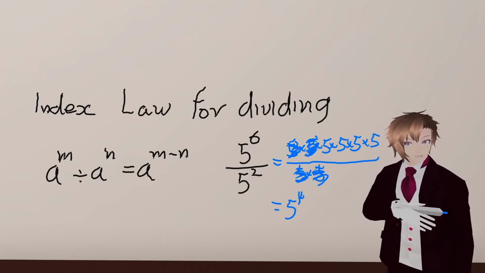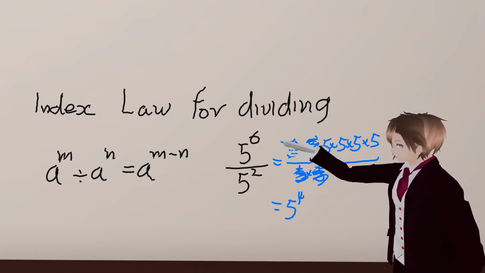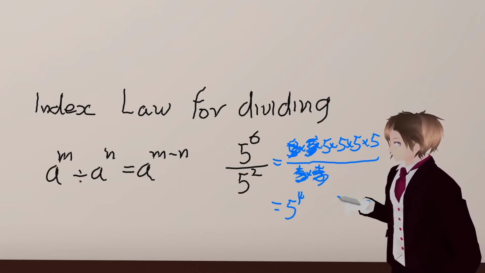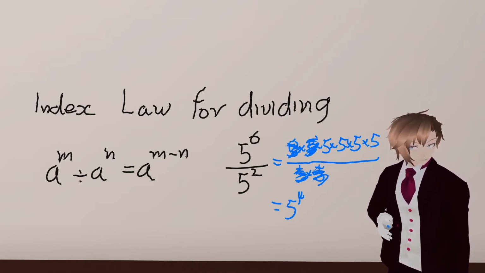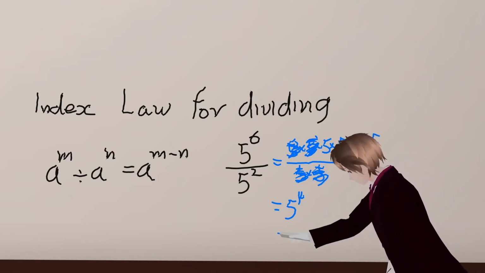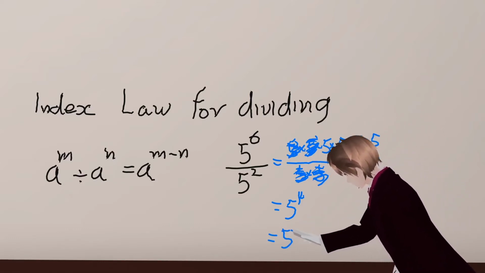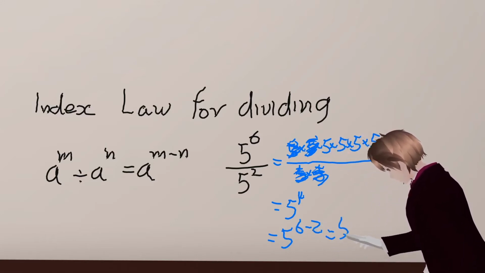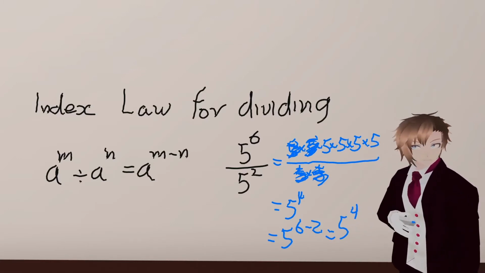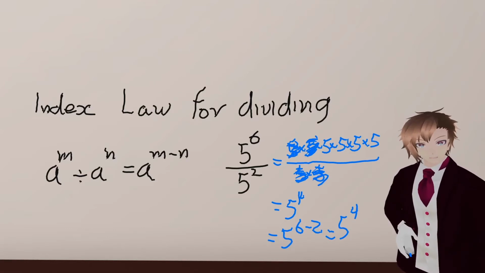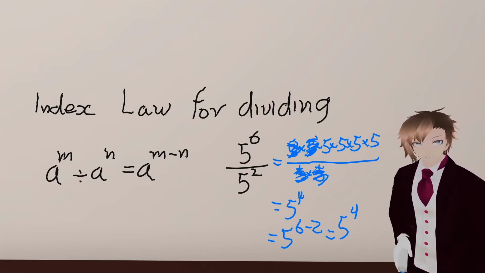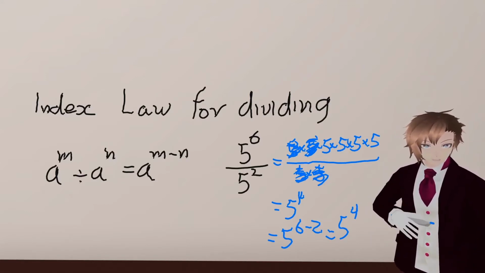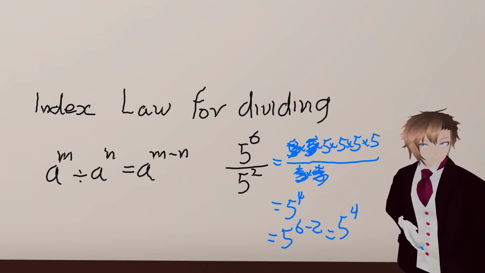Now, you might be able to see a little trick we can use. So we have 6, and then we got rid of 2 of them. So we could write this instead as 5 to the power of 6 minus 2 is equal to 5 to the power of 4. So whenever we are dividing powers which have the same base, we can take away the bottom power from the top power, just like what we did here.